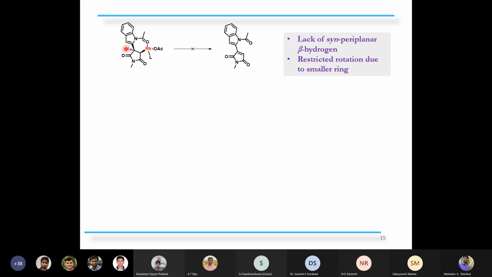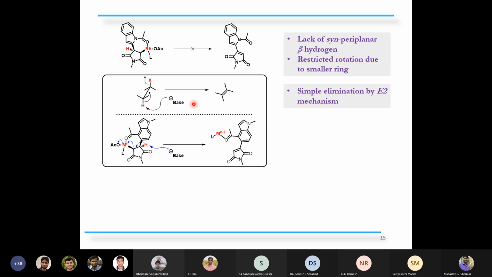So due to the lack of syn periplanar arrangement, it cannot undergo beta hydride elimination, and this bond we can't rotate because of the restricted rotation due to this small ring. So what we thought was to use a base which can abstract this beta proton with respect to rhodium, and that can promote a simple E2 type elimination, so that we can get the Heck type product in the case of maleimide.